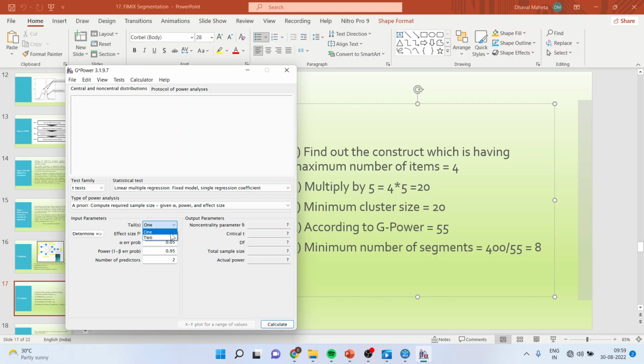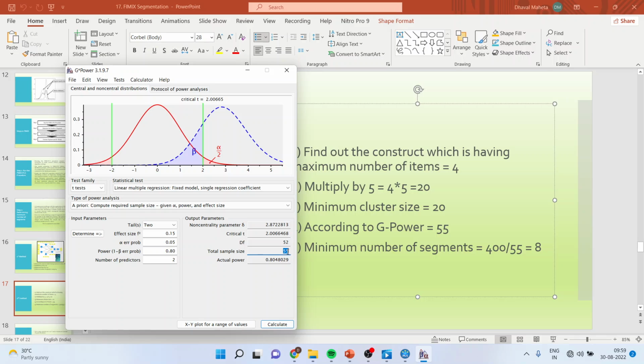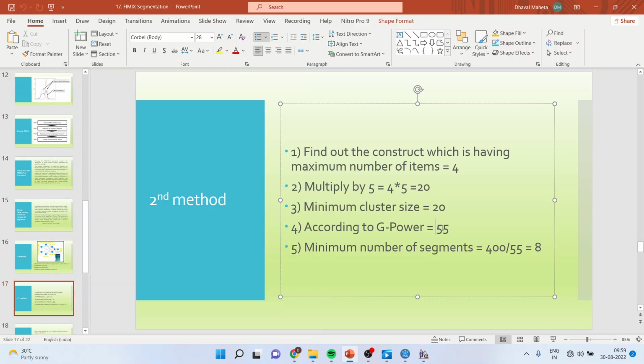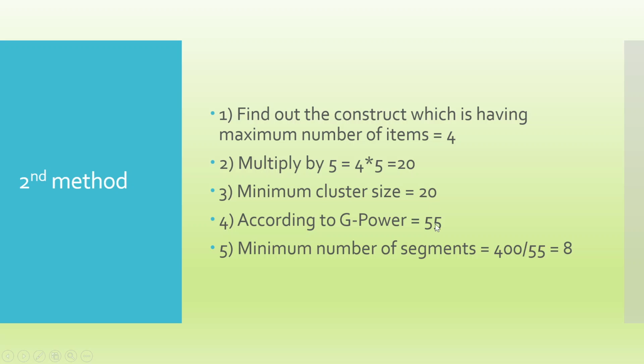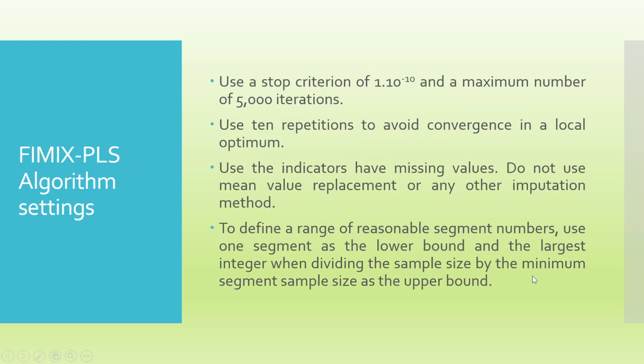Make this two-tailed and make the power 0.8. Calculate, and you get the answer 55. So according to G*Power, the minimum cluster size is 55. Now, take the maximum of the two. So the minimum number of segments is equal to 400 divided by 55.